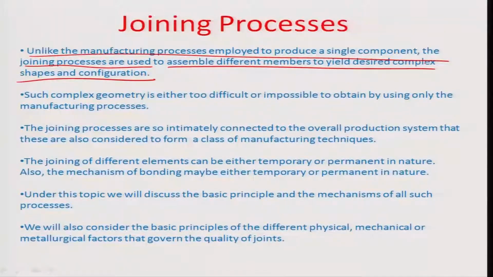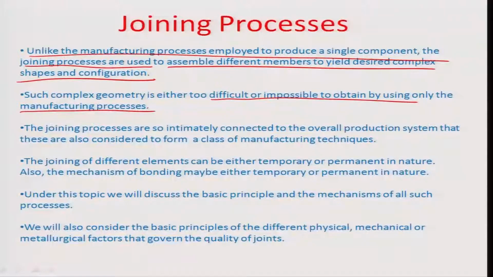Sometimes the geometries involved in plugging these components together are so difficult or impossible to obtain using only the manufacturing processes. Therefore, joining processes, where two or more components are joined together to realize one particular link, are employed for reducing the complexity of the manufacturing processes. And so joining is extremely important as a process.